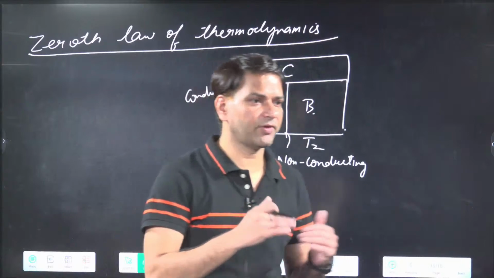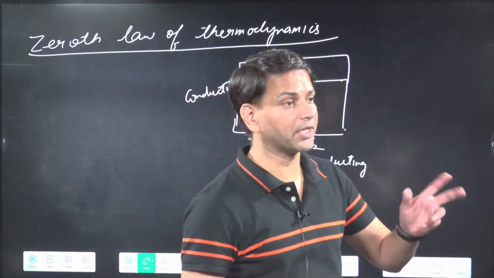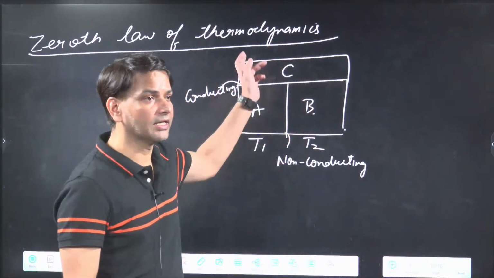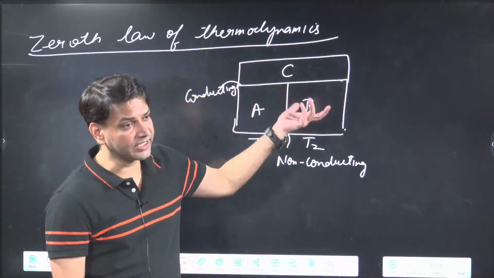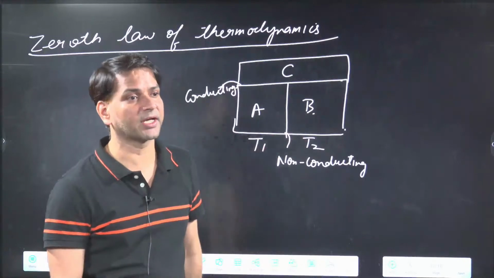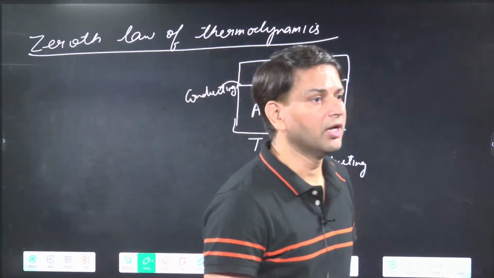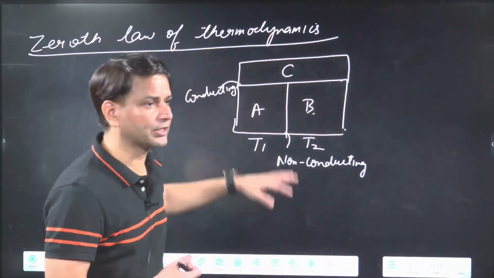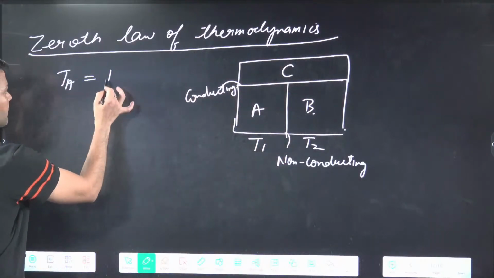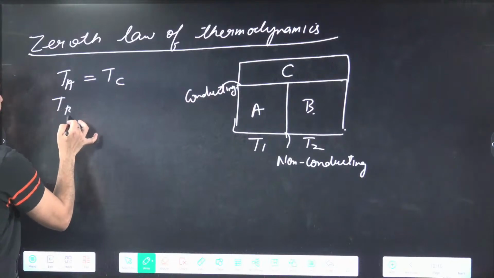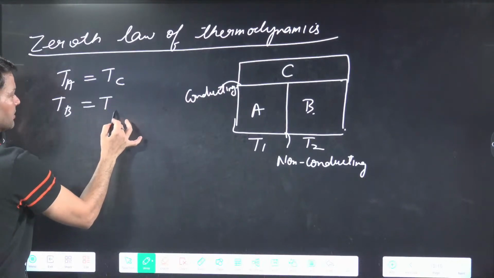A and C will exchange heat till their temperatures become equal, and B and C will exchange heat till their temperatures become equal. So after some time, the temperature of A will be equal to the temperature of C, and the temperature of B will be equal to the temperature of C.